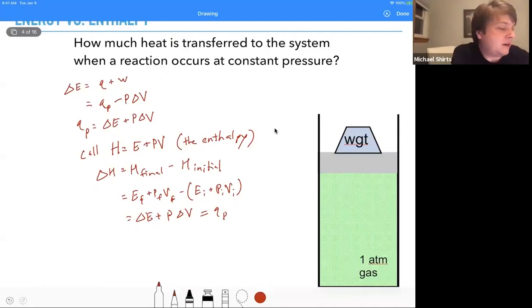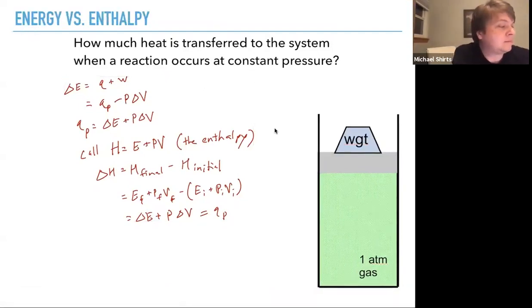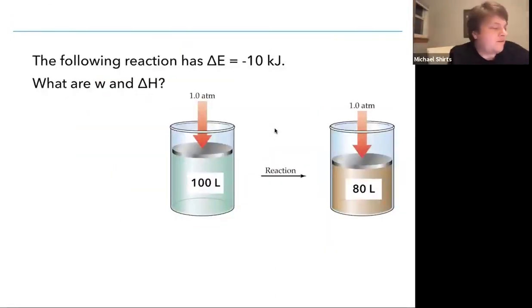All right. So we've got a new definition of the enthalpy. The following reaction has a change of energy for the system of minus 10 kilojoules. What are the work and the change in enthalpy that occur? Well, this occurs under constant pressure.